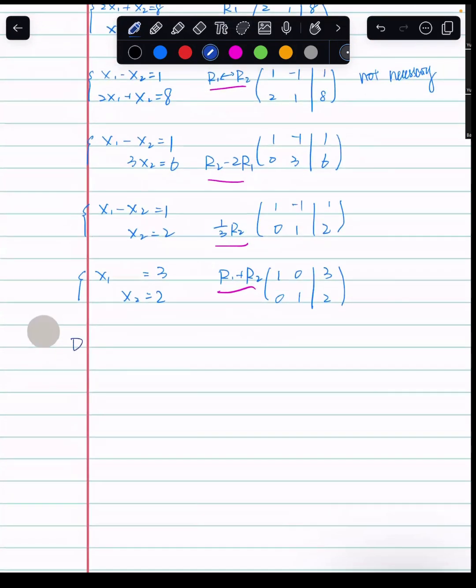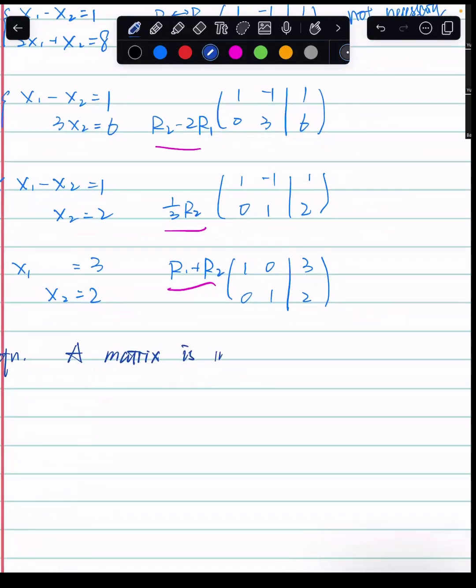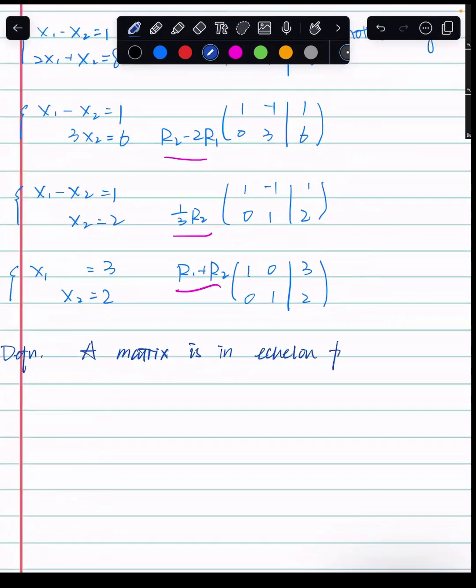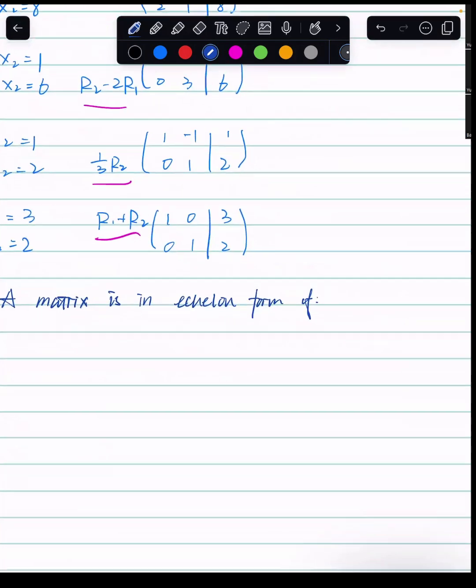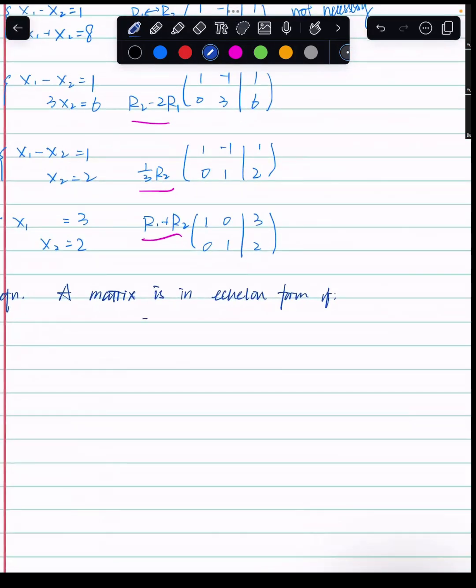So, definition. A matrix is in echelon form if all rows with entries that are all zero are below all non-zero rows.